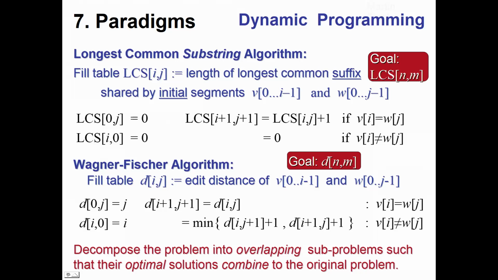Whereas in dynamic programming, the problems should be overlapping as much as possible, so that climbing up to the next subproblem only involves little additional overhead based on the information that has already been calculated for the subproblems, such that the optimal solution to the original problem is simply a combination of the subproblems. So that concludes our discussion of dynamic programming.